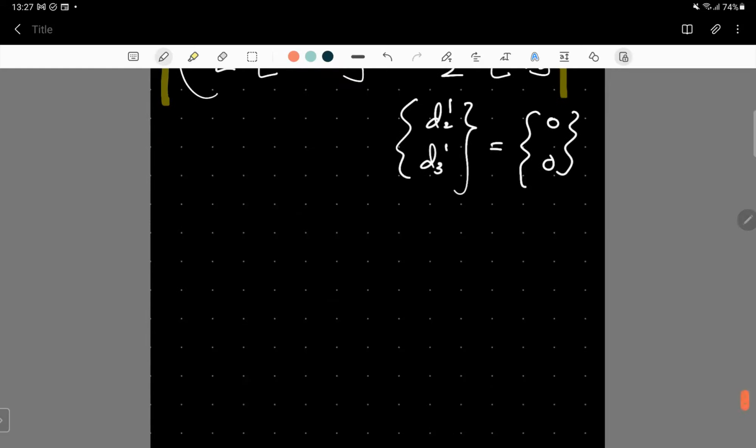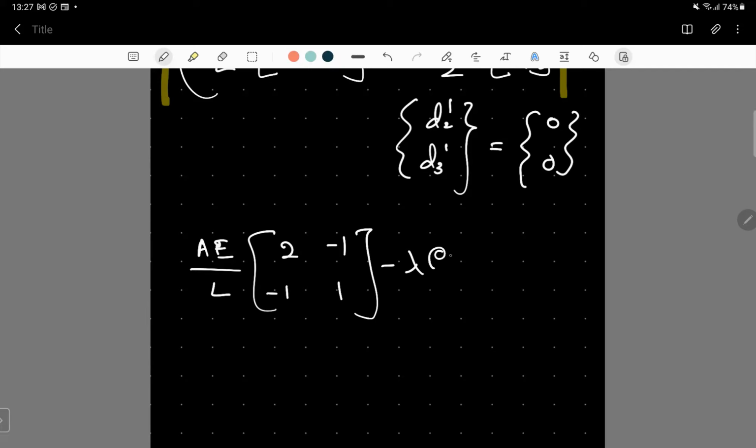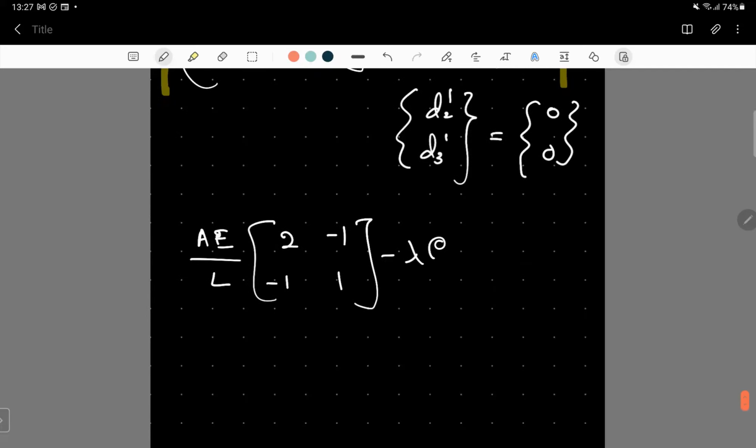So we can set AE divided by L, 2, minus 1, minus 1, 1, minus lambda, let's introduce a new term to take away the omega squared term, rho A L, 2, 0, 0, 1.